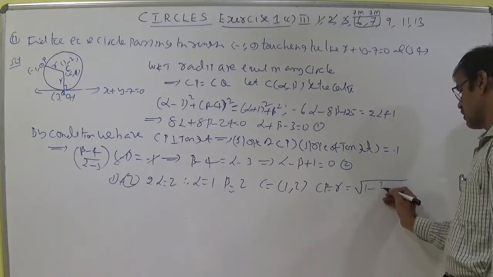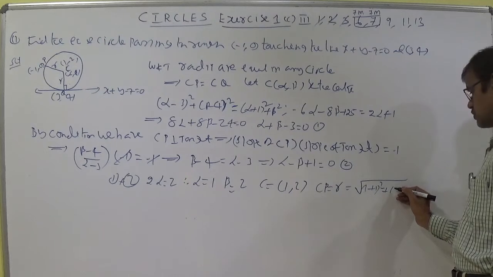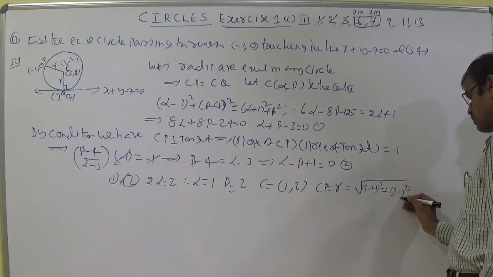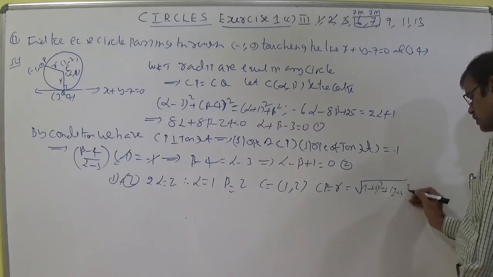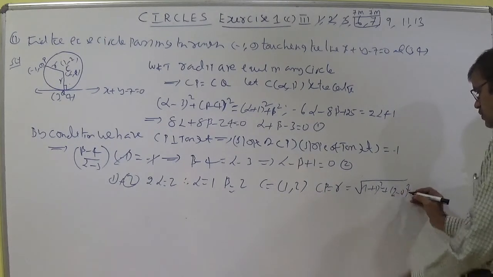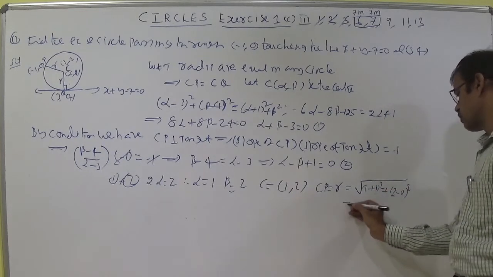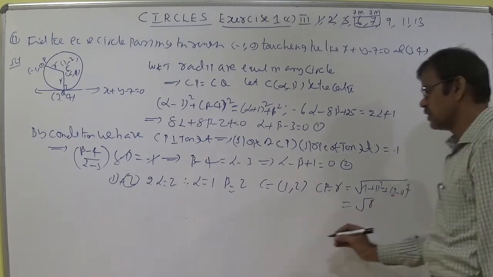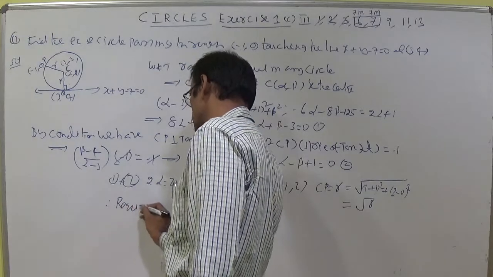Write here (1 plus 1) whole square plus (2 minus 0) whole square. 4 plus 4, root 8. Therefore, the required equation of the circle.